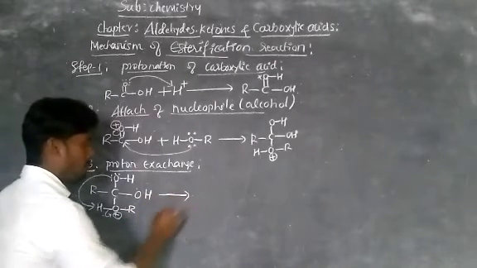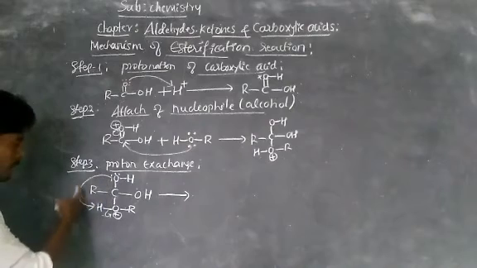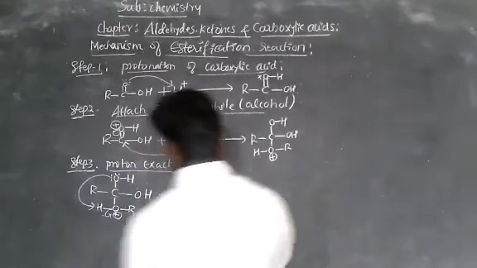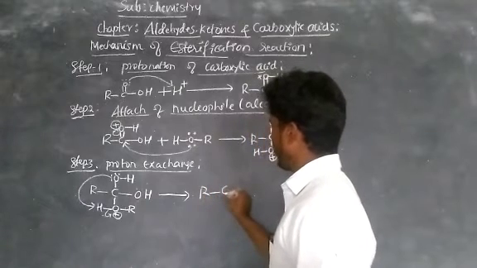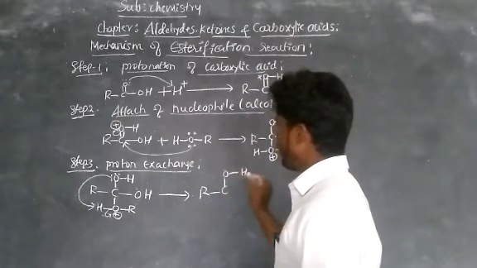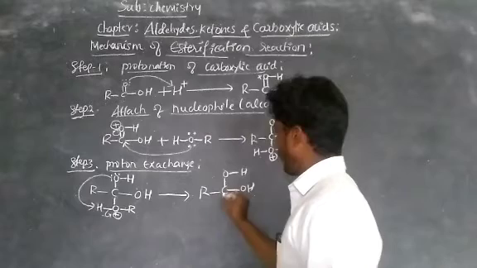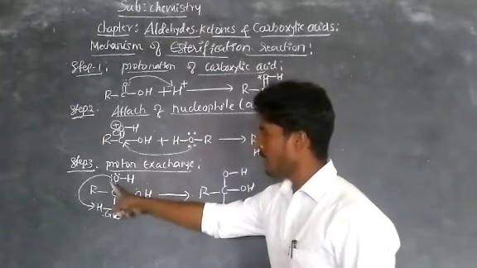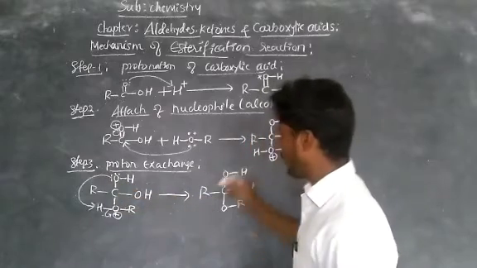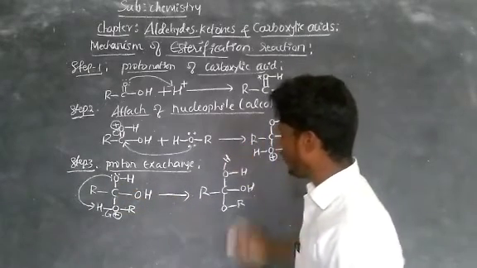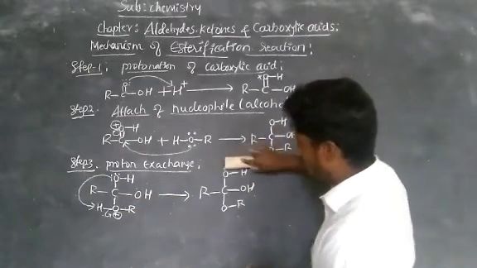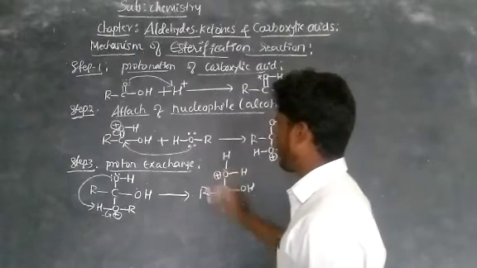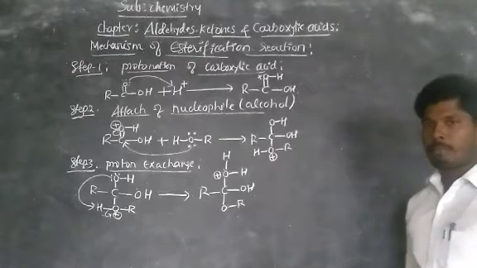So right now R, C bond OH, bond OH, bond O and R. Now this oxygen abstracts this hydrogen, and again this oxygen becomes electron deficient. This is step 3.